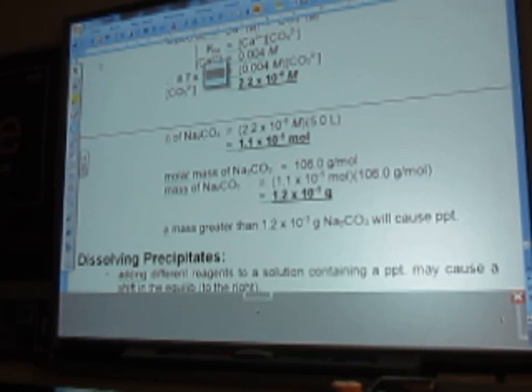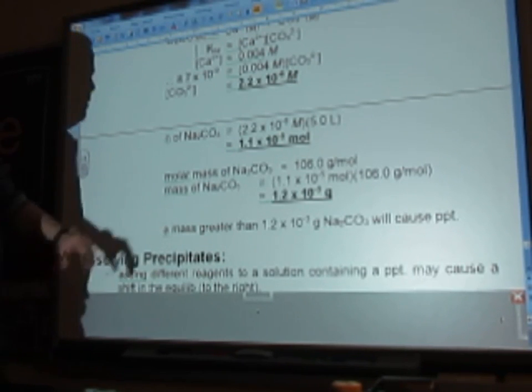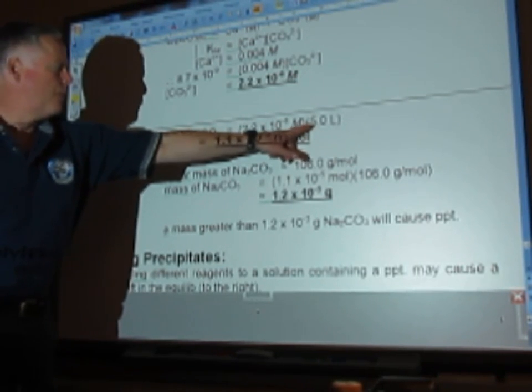But that's Na2CO3, that's solid. Oh yeah. How can that be a volume? So, why is 5 the volume of sodium carbonate? 5 liters.